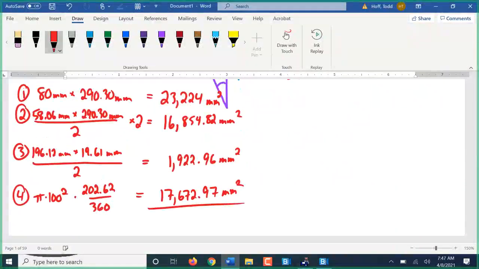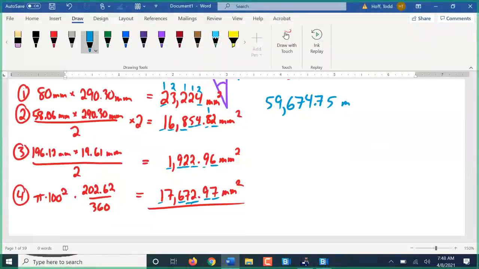Now we add those all up to get our total, at 59,674.75 millimeters squared.